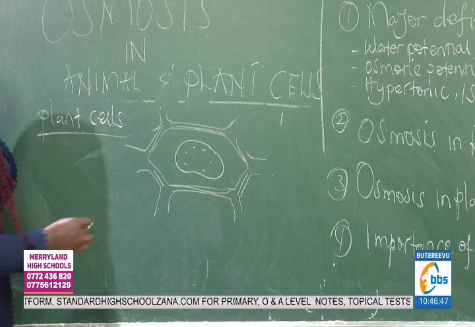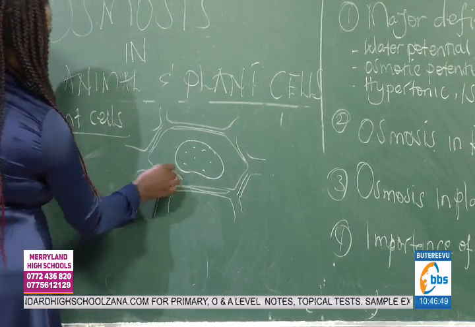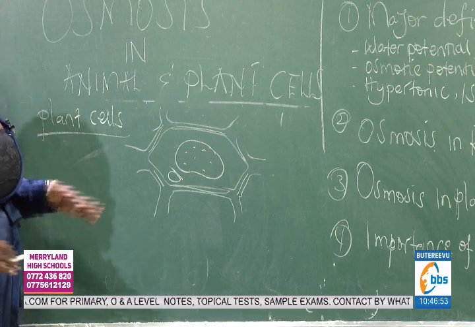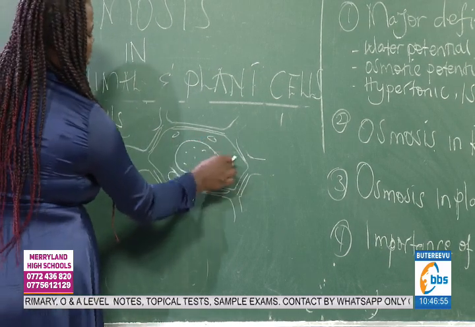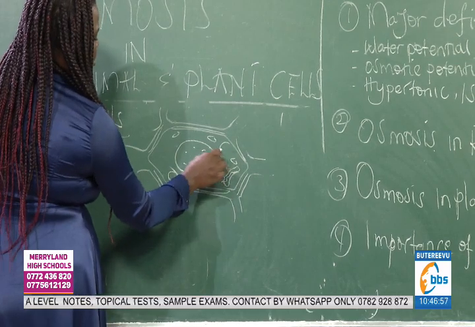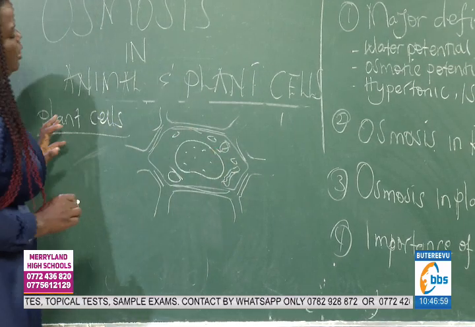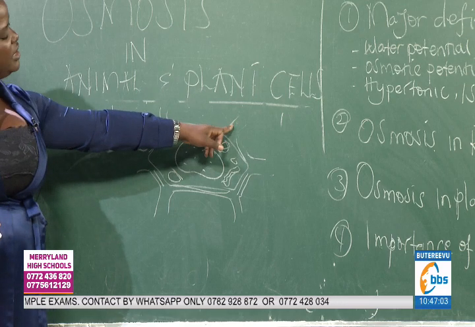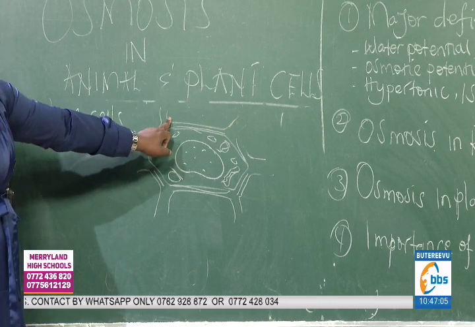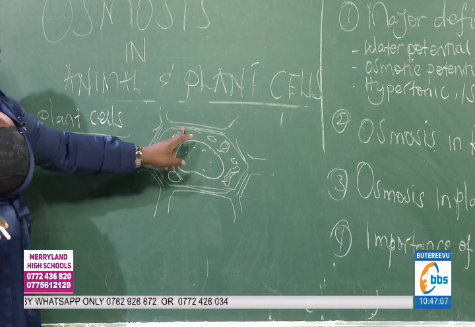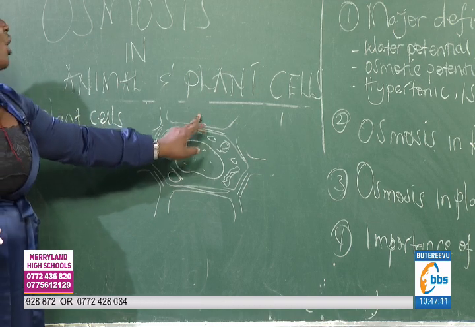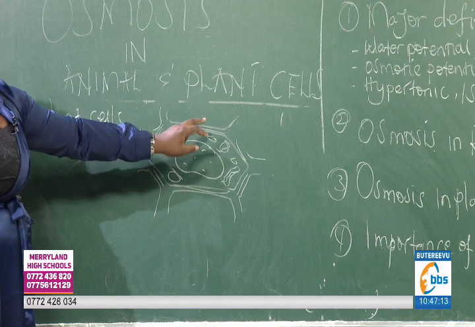And then it has a nucleus, which is in most cases at the edge. Then several other components like the mitochondria, the chloroplast, and so on. So, in brief, this plant cell has a very tough, rigid outer cell wall. It also has a cell membrane in addition to that. In between the cell wall and the cell membrane, there is the middle lamella.